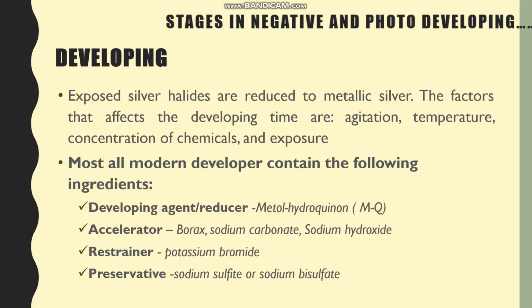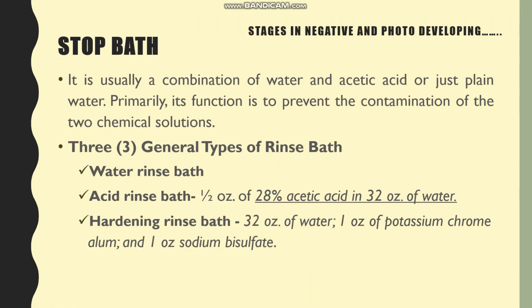Okay, next, we have stop bath. It is usually a combination ng water and acetic acid or just plain water. Primarily, its function is to prevent the contamination of the two chemical solutions. So, the developer, and yung magiging fixer natin sa susunod.